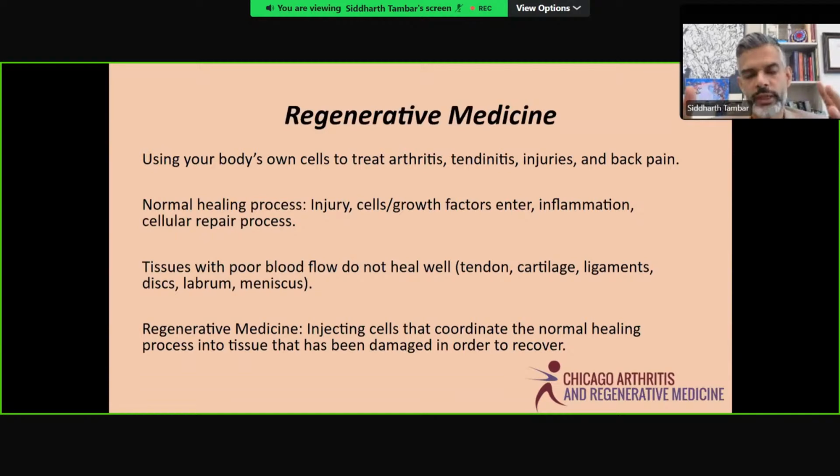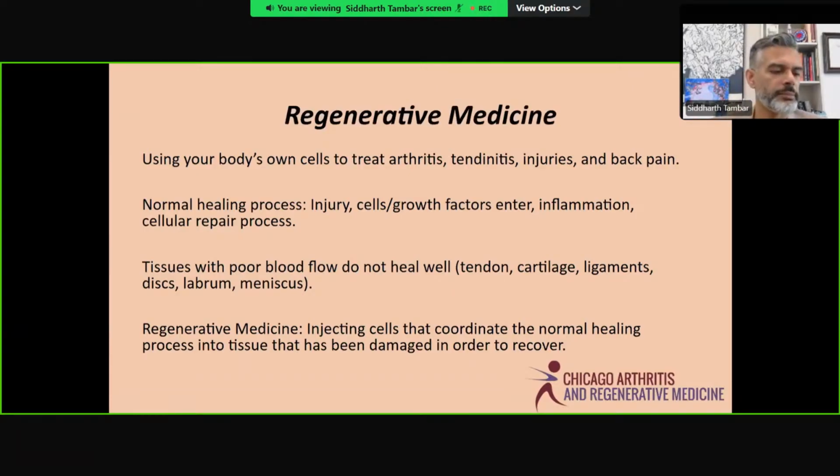That works great in tissues with good blood flow, not only skin, but even muscles. Tissues that have less blood flow tend not to heal as well. That can include tendon, cartilage, ligaments, disc, labrum, meniscus. Those tissues can be very hardy and resistant, but after recurrent injury or severity of injury, they can not heal very well on their own.